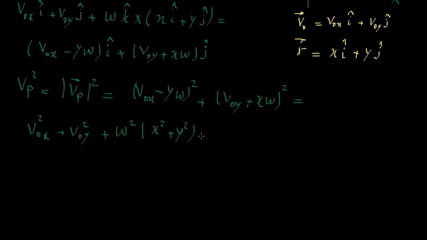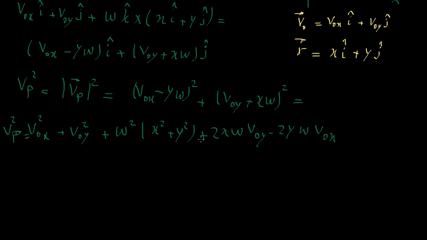And then we have the last terms for both of these parentheses: minus 2y omega Vox and plus 2x omega Voy. So let's go with this term first: 2x omega Voy minus 2y omega Vox.